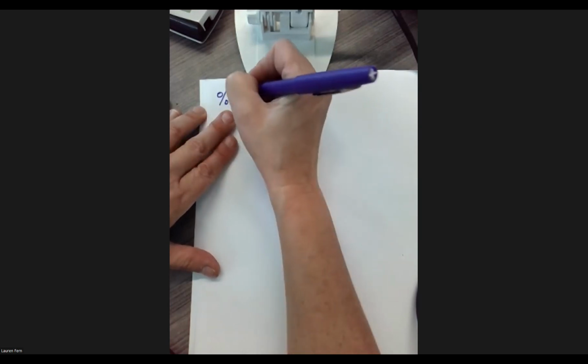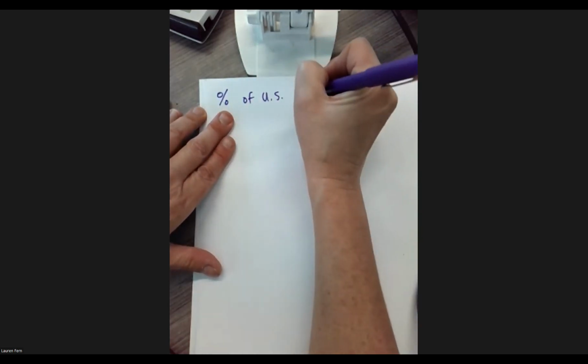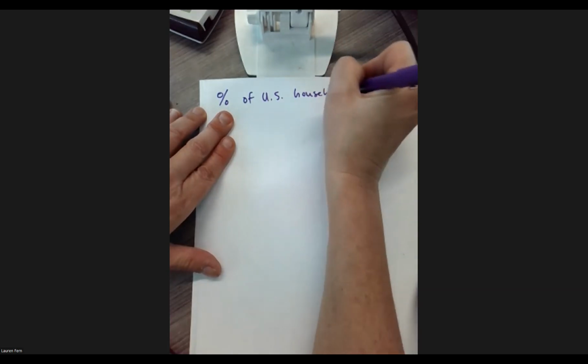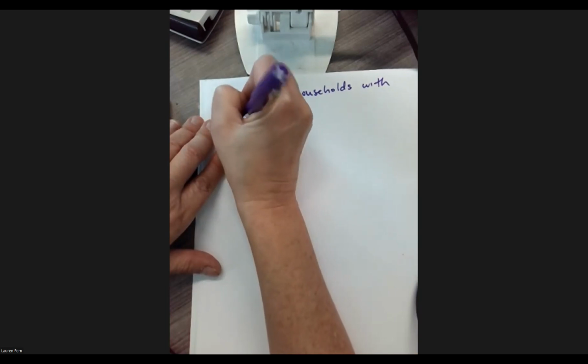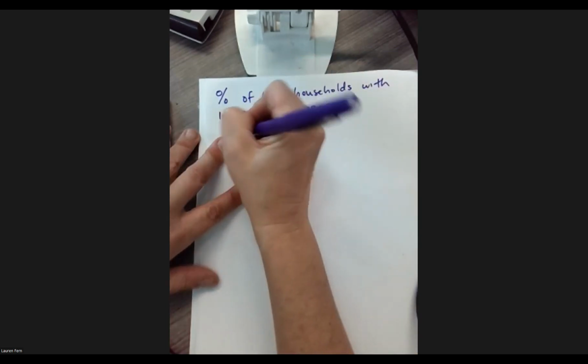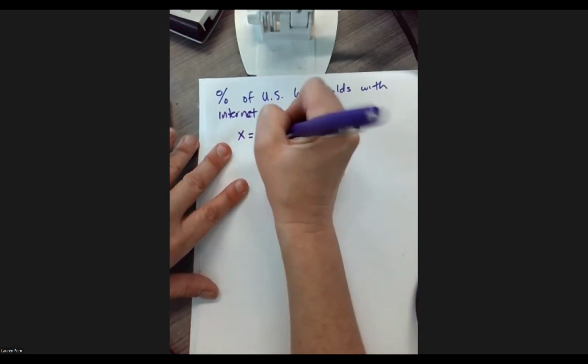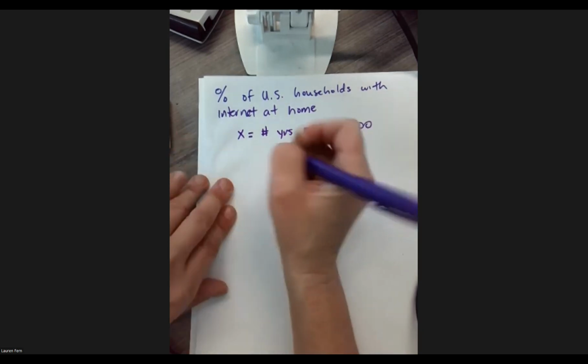What I'm going to be talking about is the percentage of US households with internet at home. And I'm going to let x represent the number of years since the year 2000.